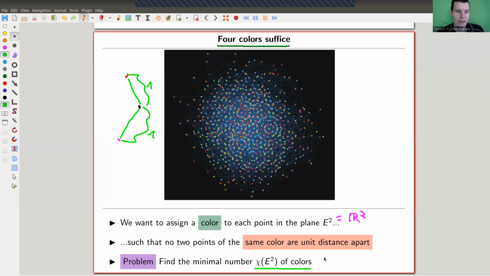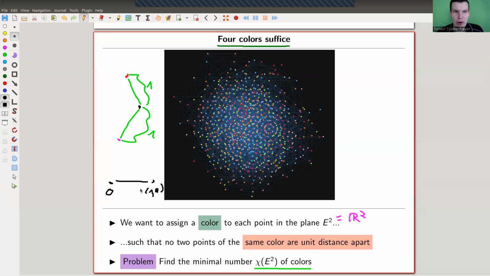We'll see actually what we can do. We definitely need at least 2 colors, because there will be some point, let's call it (0, 0) in R squared, and there will be some other point, let's call it (1, 0), and they're unit distance apart. So we definitely need at least 2 colors to color the plane.